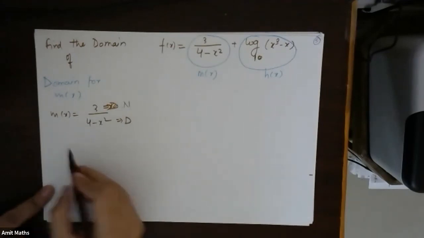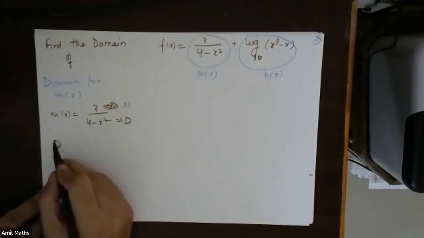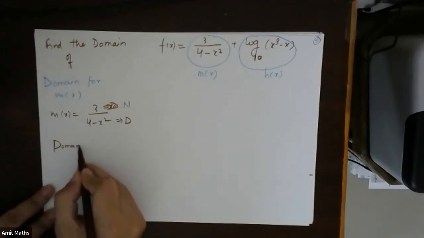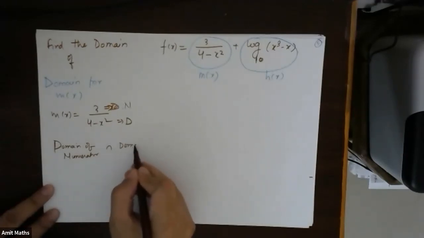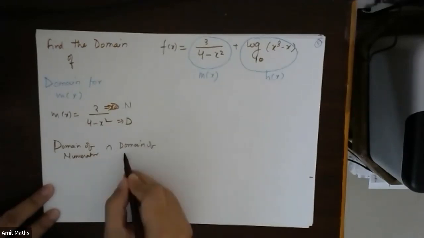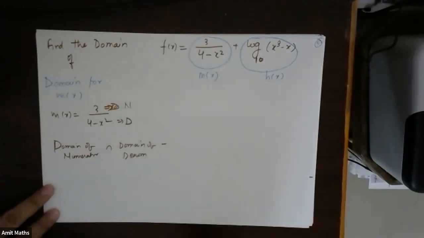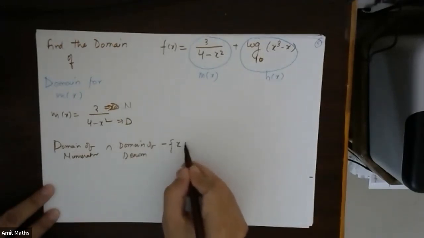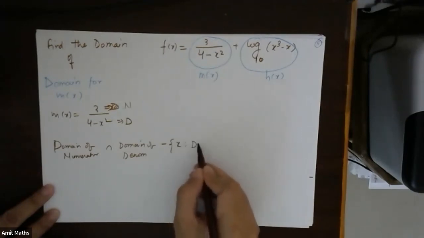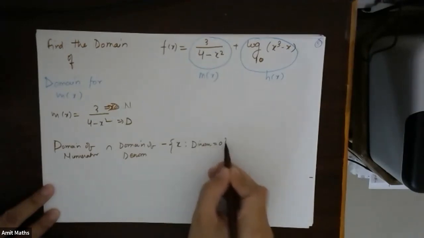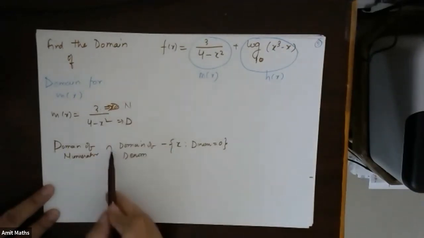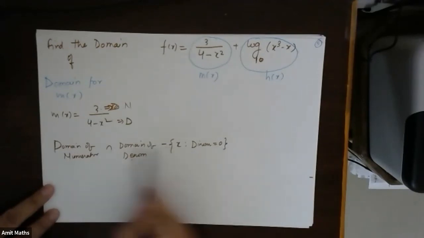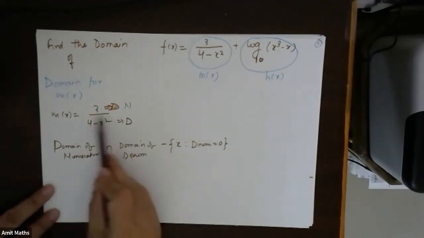So what we have to do is take the domain of numerator, intersection domain of denominator, minus those x such that denominator is equal to 0.